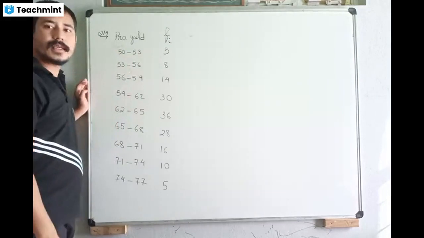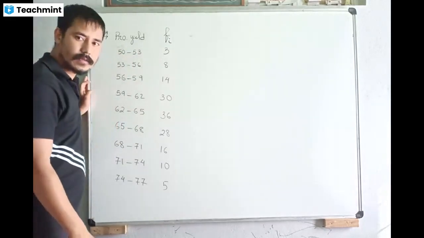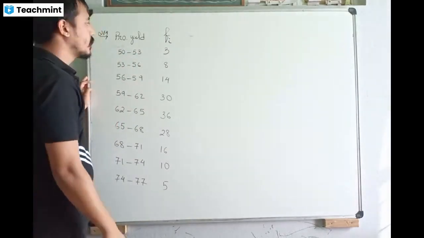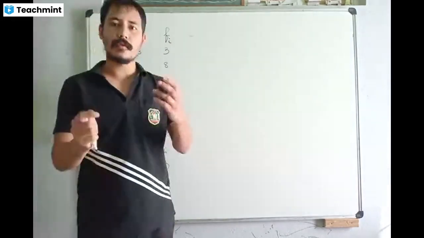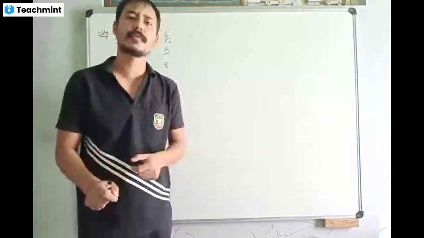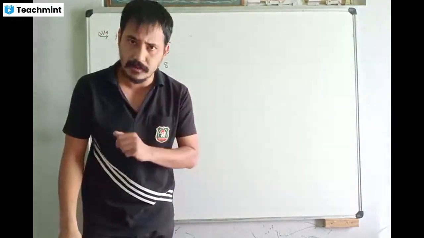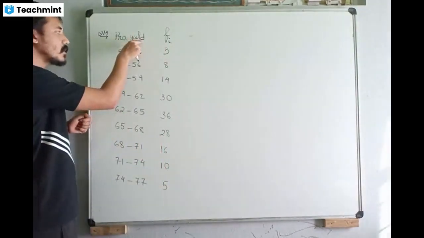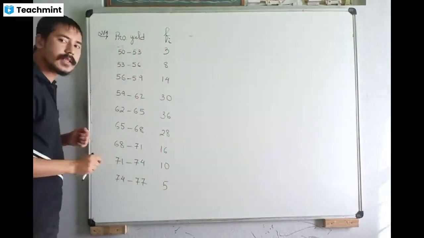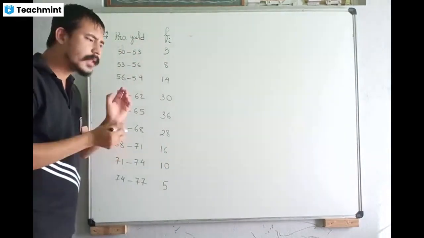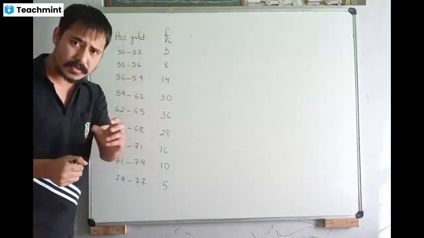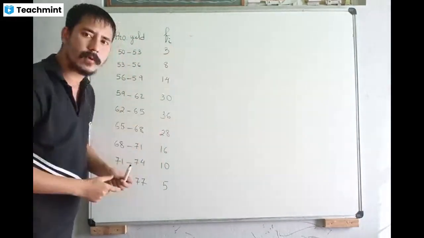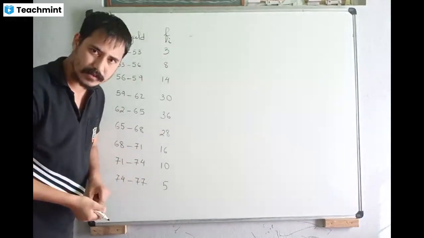That we call a class interval. Whenever items are given in groups, each of those groups is called a class interval. So production yield is your class interval here.